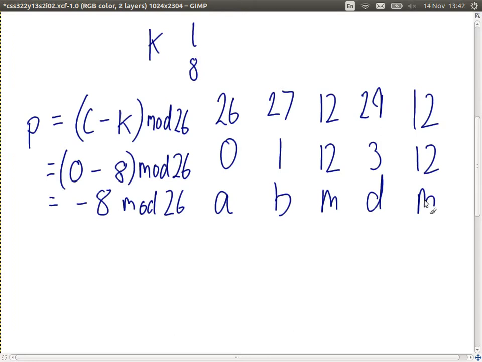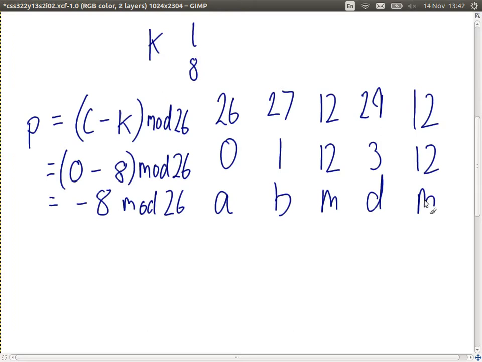Anyone know what mod means? Modulo? Remainder. Okay, how do you deal with minus 8? Just leave it minus 8. So there are in fact two, this leads to some confusion sometimes. There are really two different interpretations of mod.